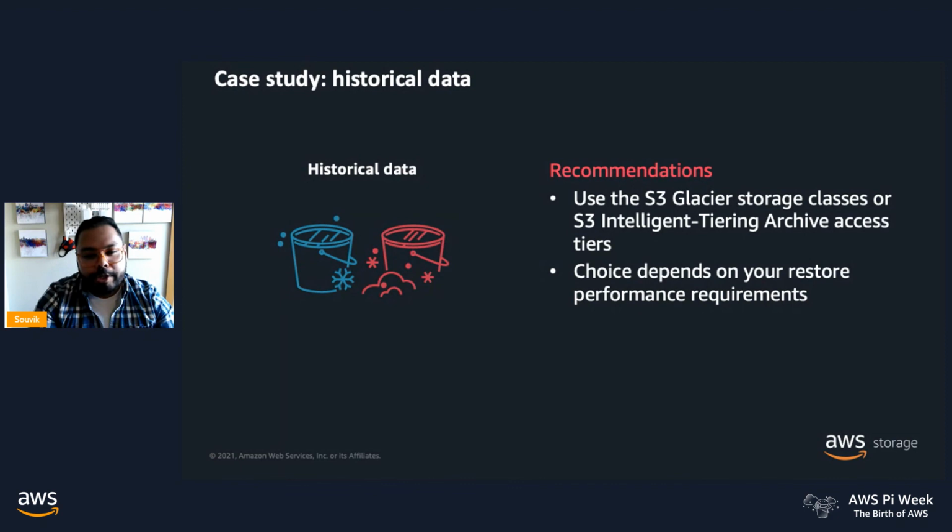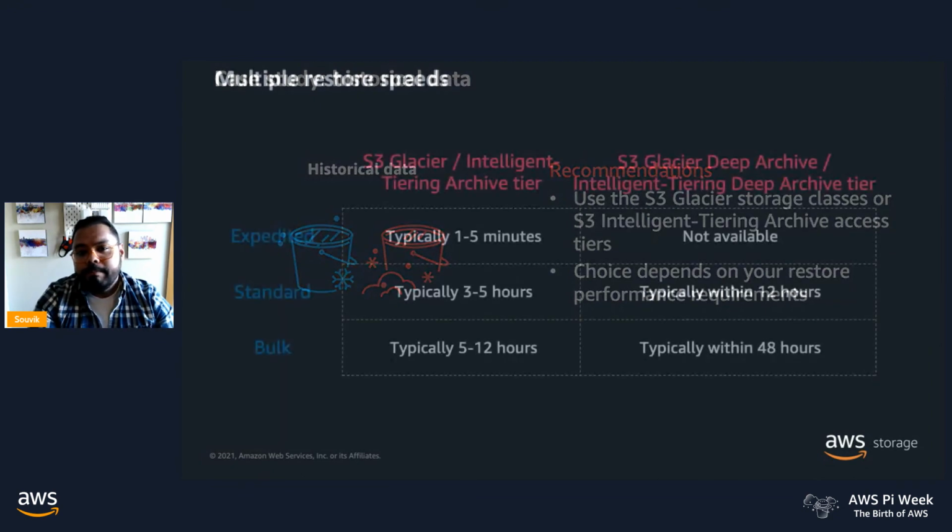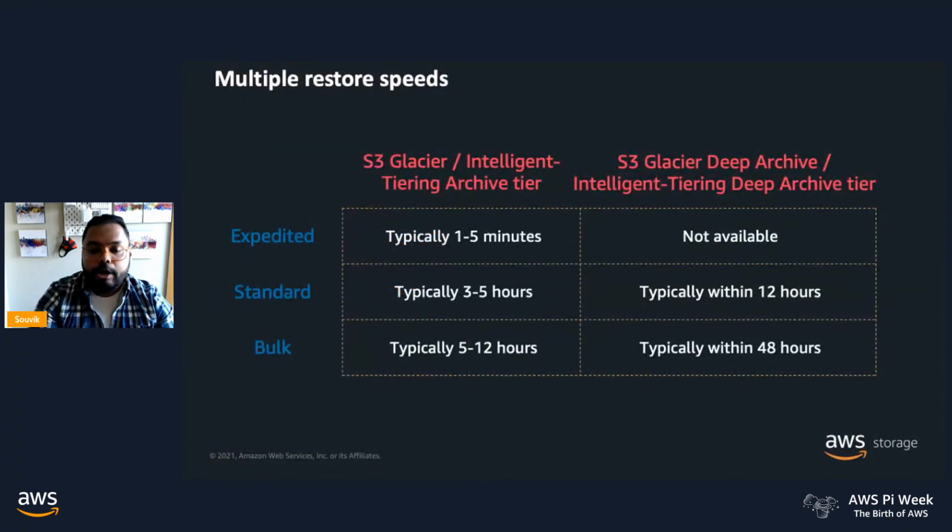The choice of which S3 Glacier storage class or S3 Intelligent-Tiering archive access tier you want to take really depends on what your restore requirements are. The main difference between Glacier and Glacier Deep Archive, or the two Intelligent-Tiering access tiers, is the difference in the restore experience.